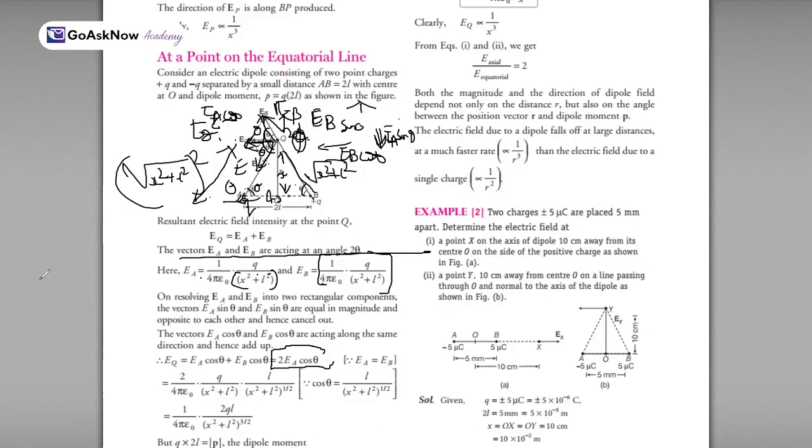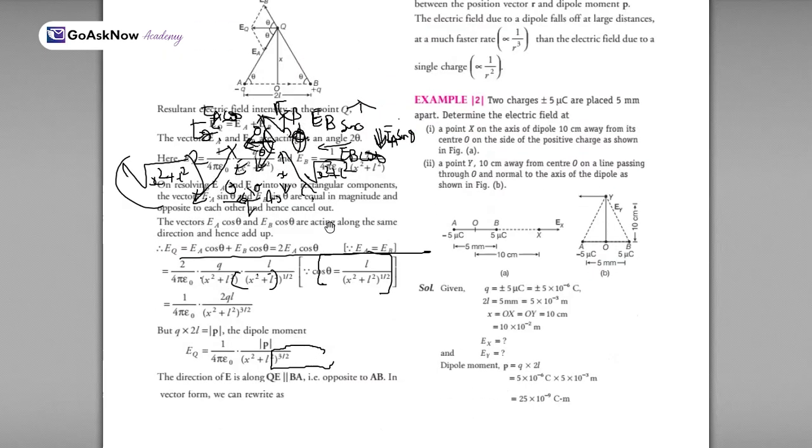And after you simplify it, what you will get is 2 into K. Here 2 is there already, so 2 will be there. Then the K term is there, and Q by x square plus L square is there because of this.